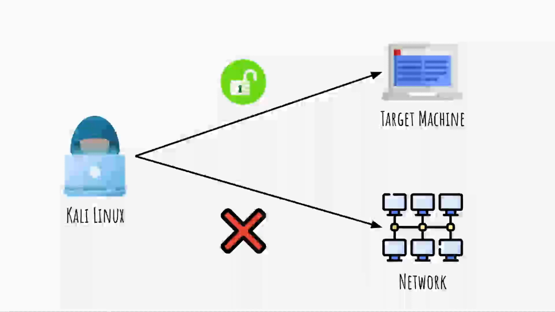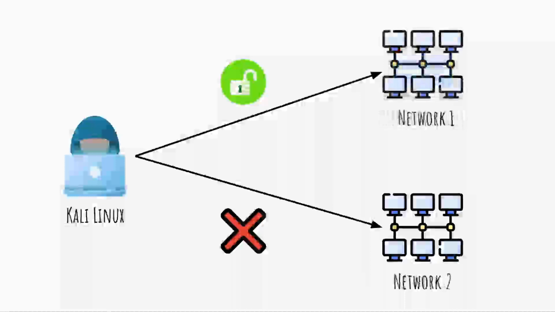Or it could be that our client has multiple networks and they only allowed us to test one of them. That means you should not go around and try to hack different machines on a different network. Now, these are only some examples, but what's important to get out of this is to always have permission to perform a penetration test. Hacking something that you are not allowed to hack could potentially get you into some serious trouble if you get caught.